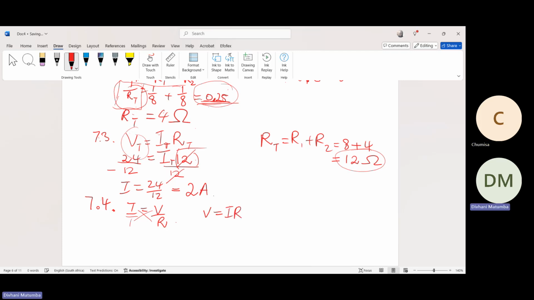That's correct. Do we have the value of I? Yes, sir, which is 2 amps. Do we have the value of resistance? Yes, sir, which is 12.